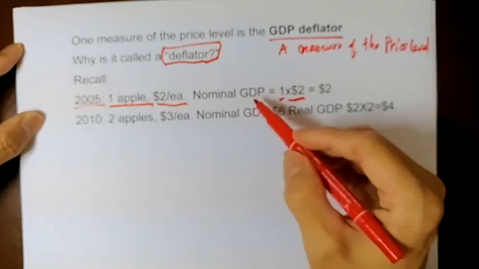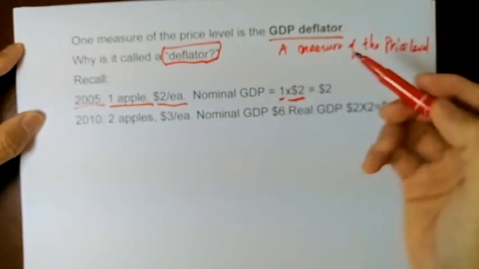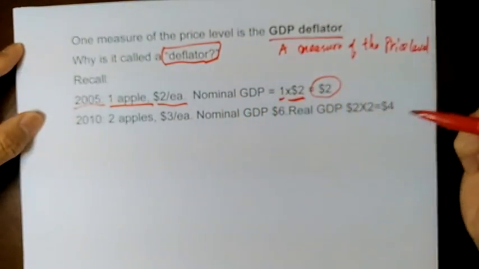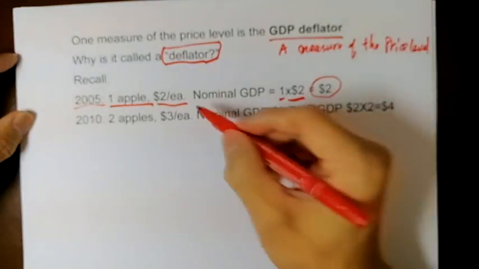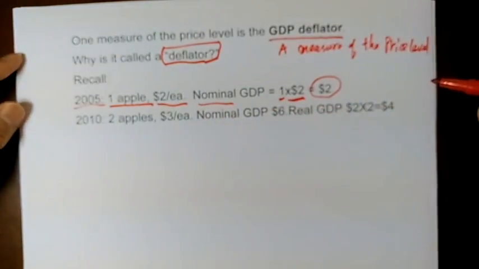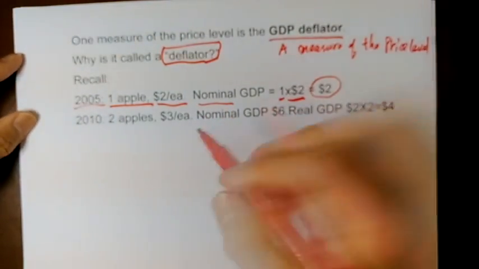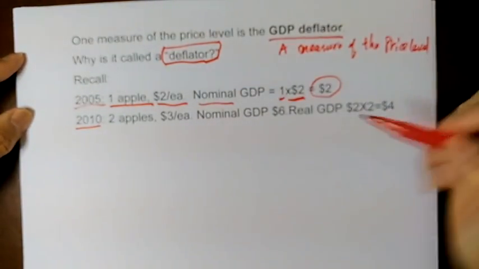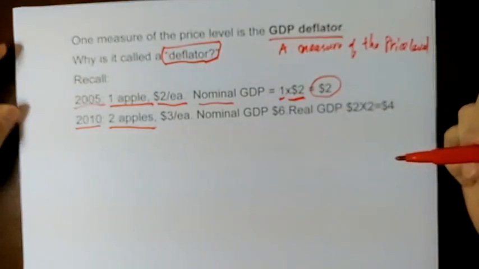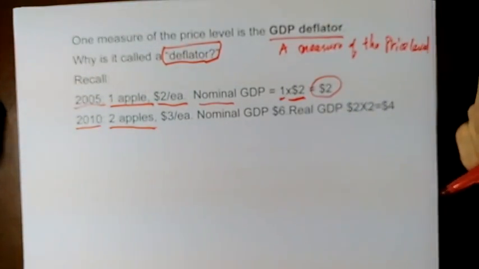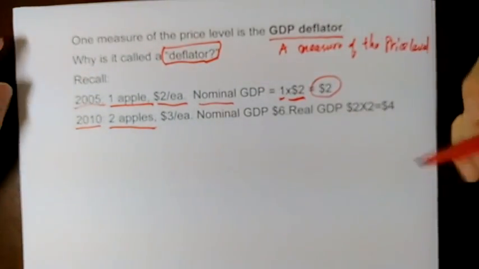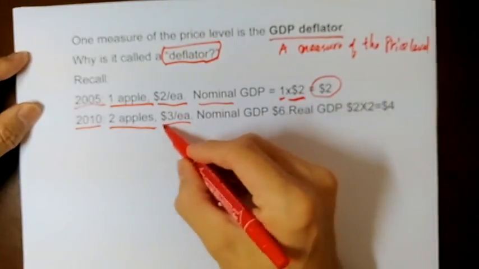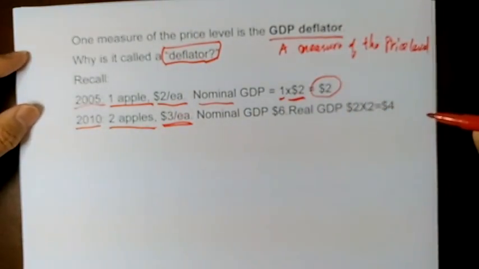So the nominal production in this economy is $2 of apple. That is nominal. Now in 2010, this economy doubles its production. So now they produce 2 apples. But at the same time, the price of an apple increases to $3 each.